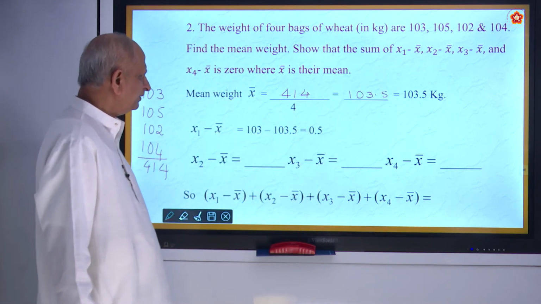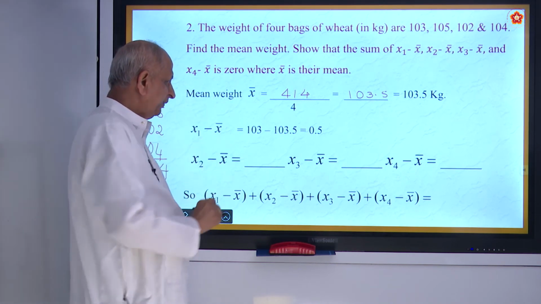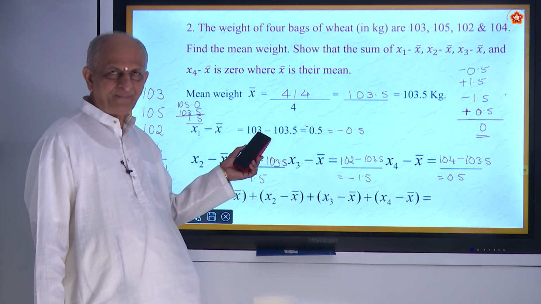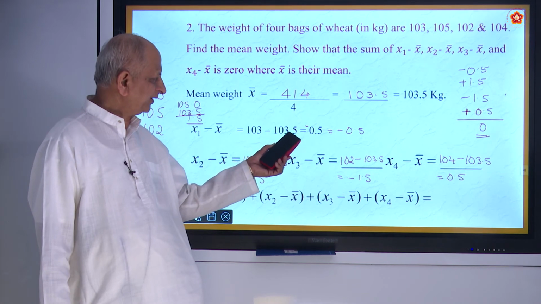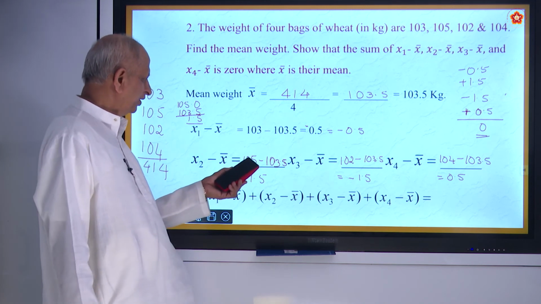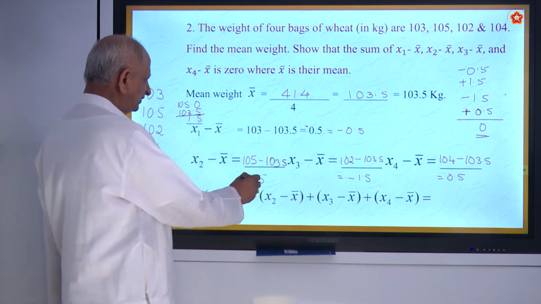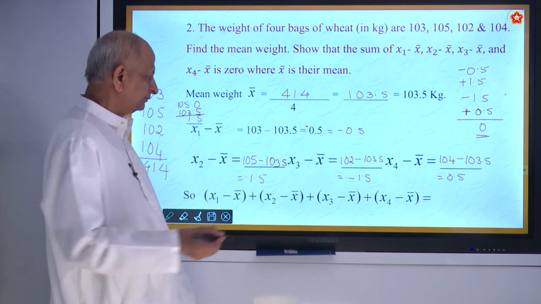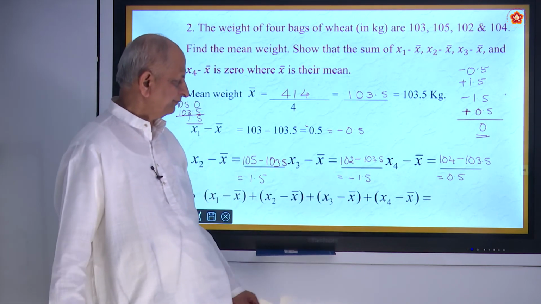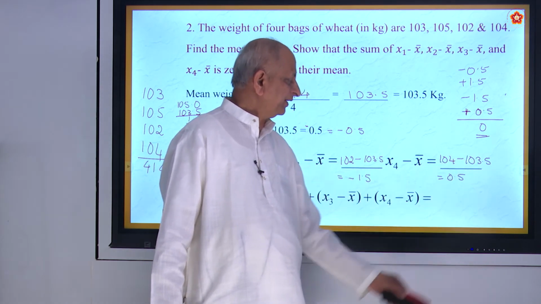What is x bar? X bar is nothing but average. That is a deviation. So, you see 103 minus 103.5, that is minus 0.5, and 105 minus 103.5 becomes plus 1.5, and 102 minus 103.5 is minus 1.5, and 104 minus 103.5 is plus 0.5.